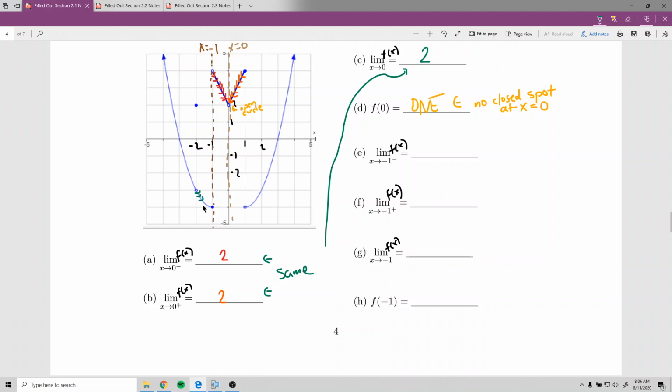What's the y value as we walk towards that? Well, it's -1, 2, 3, 4. The y value is -4. That was not a good choice of color. Let me do that. So we're going towards -4 as we go towards -1 from the left.